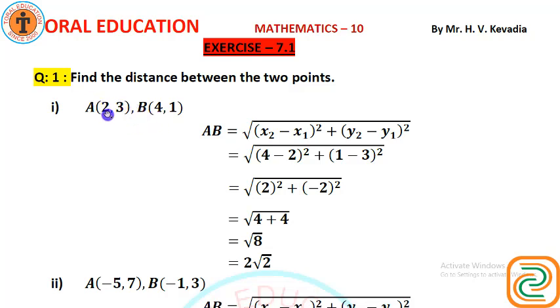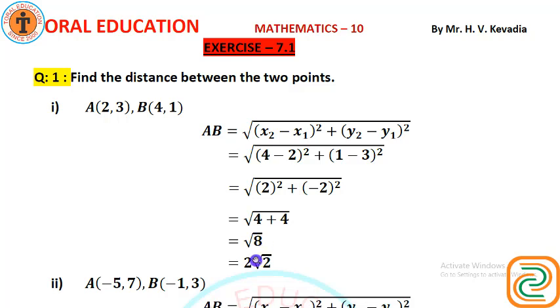4 minus 2 whole square. 1 minus 3 whole square. 4 minus 2, that is 2 whole square, and 1 minus 3, that is minus 2 whole square. Then 2 whole square means 4 and minus 2 square means 4. This must not be minus because minus times minus becomes plus. 4 plus 4, that is 8. 8 is 4 times 2, so 4 is a perfect square.